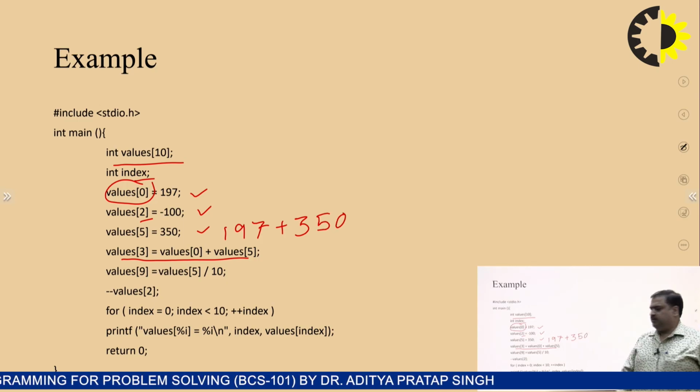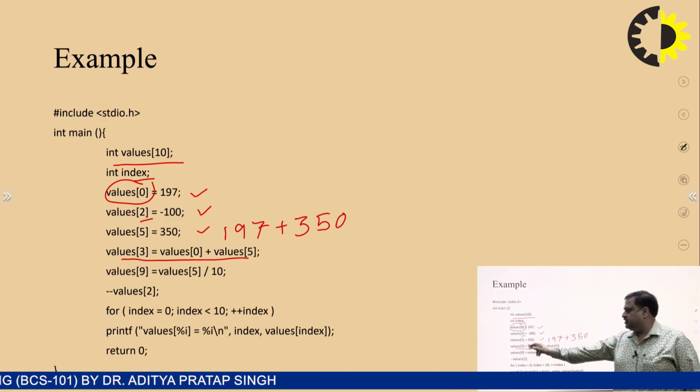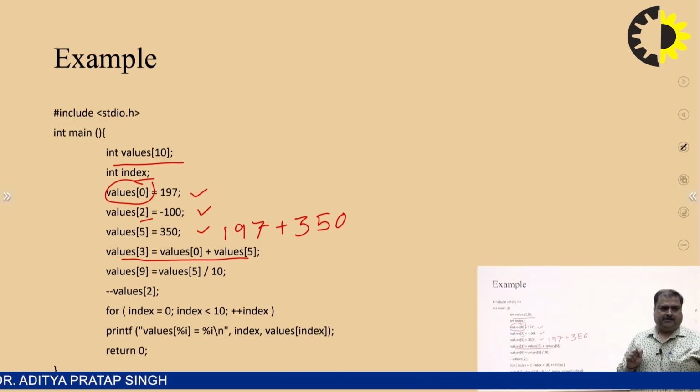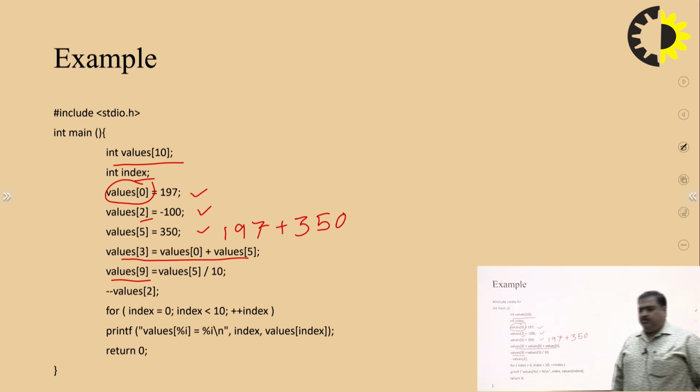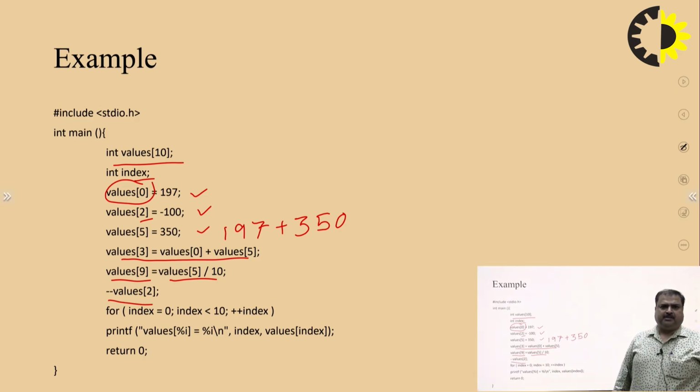The addition of these will be stored at index 3. For index 9, we have performed the value at index 5 divided by 10. We can perform operations like increment and decrement too, just by accessing the array element.